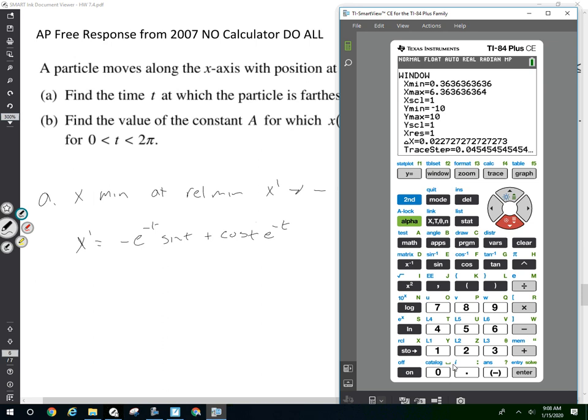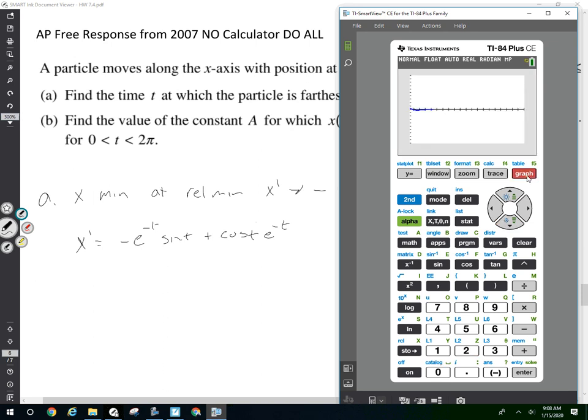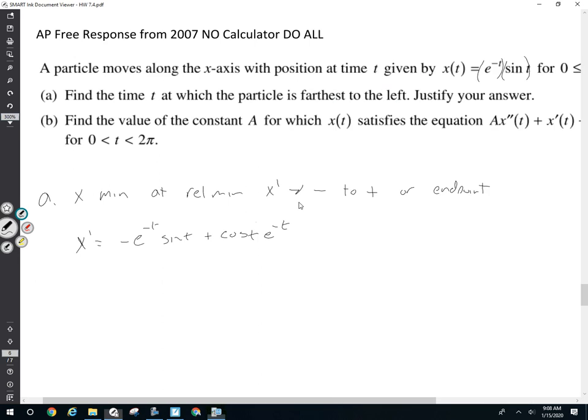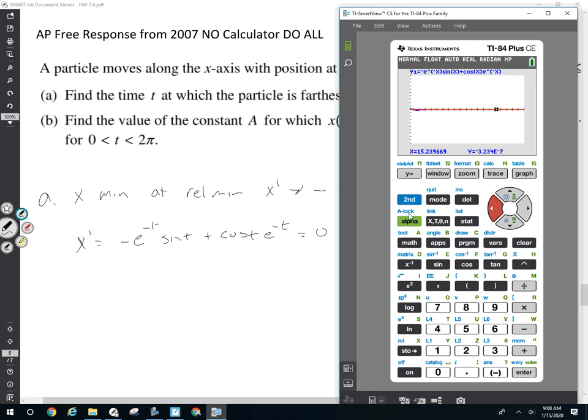Let me just look a little bit further out. Yeah, we're close to 0, but we're not actually 0. We're really, really close to 0, but we're never going to get to 0. So it looks like we just have one intersection here.